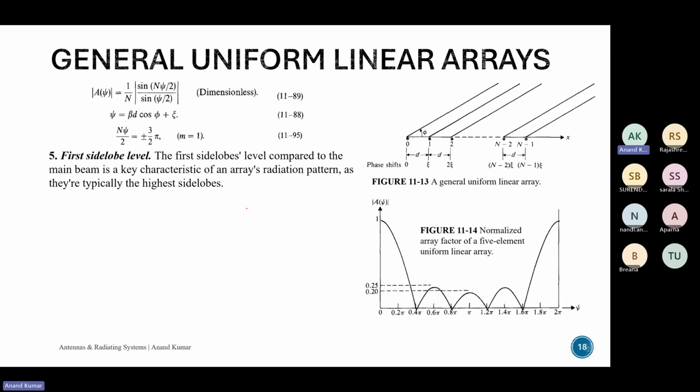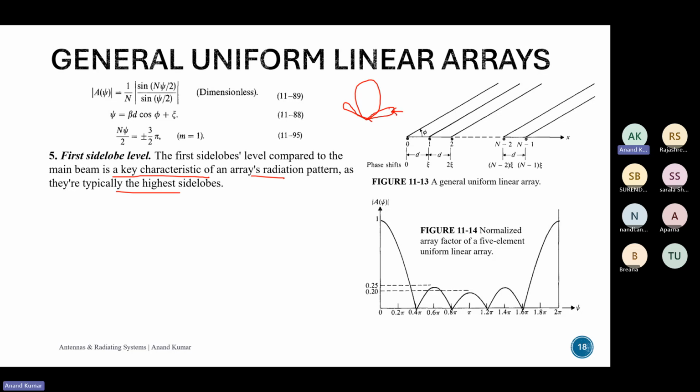The first side lobe level compared to the main beam is a key characteristic of an array's radiation pattern, as they're typically the highest side lobes. You could have an array where the first side lobe might not be the second highest, but usually the radiation pattern would look something like this, and the first side lobes are the next highest levels.